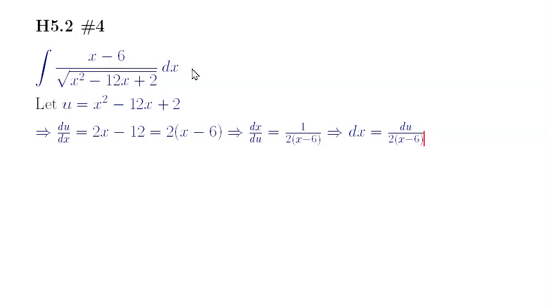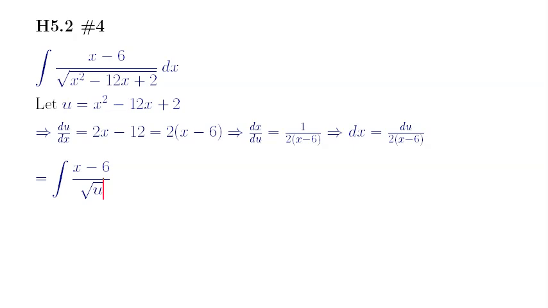Since I don't have enough room here, I'm going to go down here. So let's rewrite the integral. We still have to have an integral sign. In the numerator, I'm going to keep x minus 6 as it is, but the denominator will be square root of u.